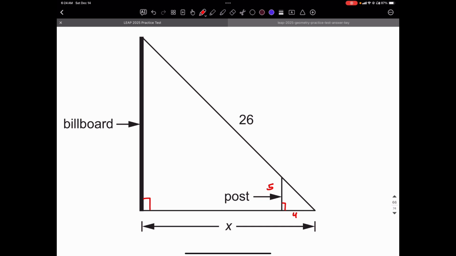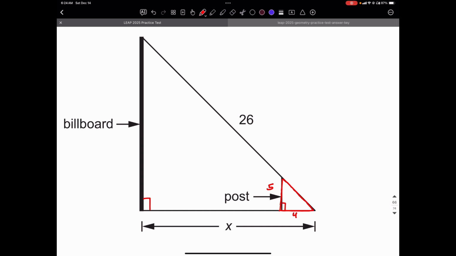Since they're both right triangles, and this is a vertical line that's perpendicular to the base, then I'm going to assume that these triangles are similar, right? I'm going to take on the assumption that they are similar.